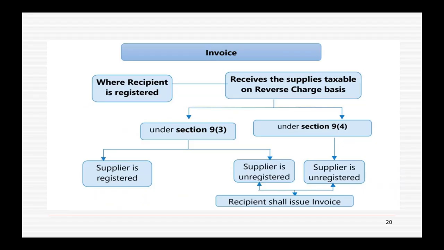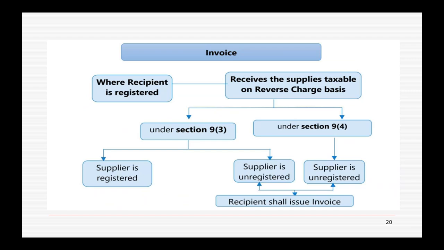One question will come to your mind: why the supplier issues the tax invoice, but in case of reverse charge the recipient issues the inward tax invoice? The reason is that an invoice is a document based upon which ITC will be availed.